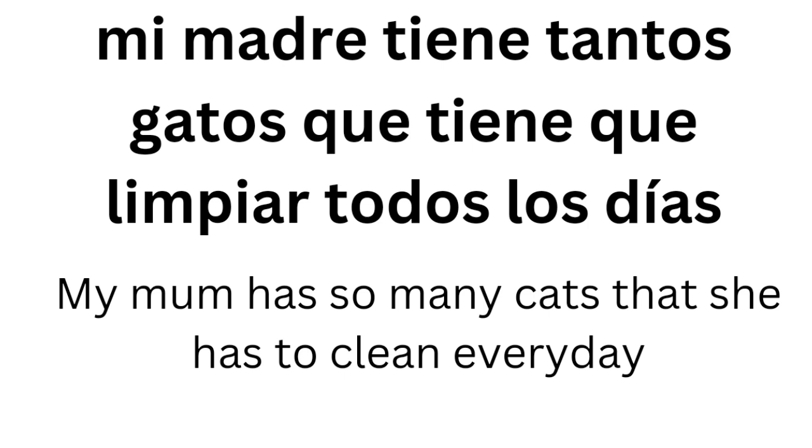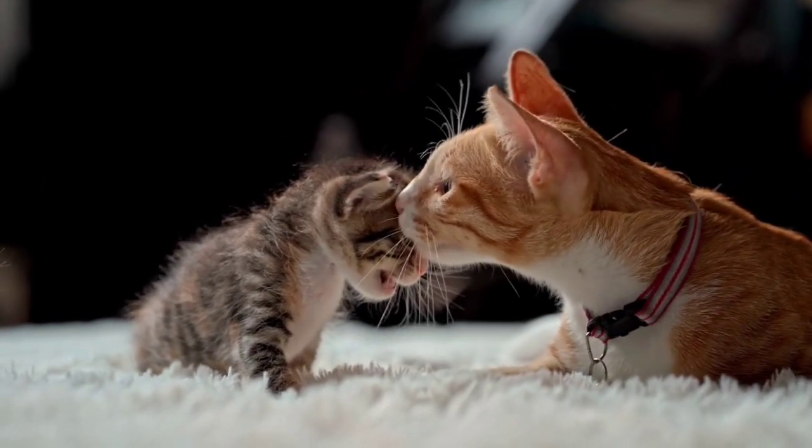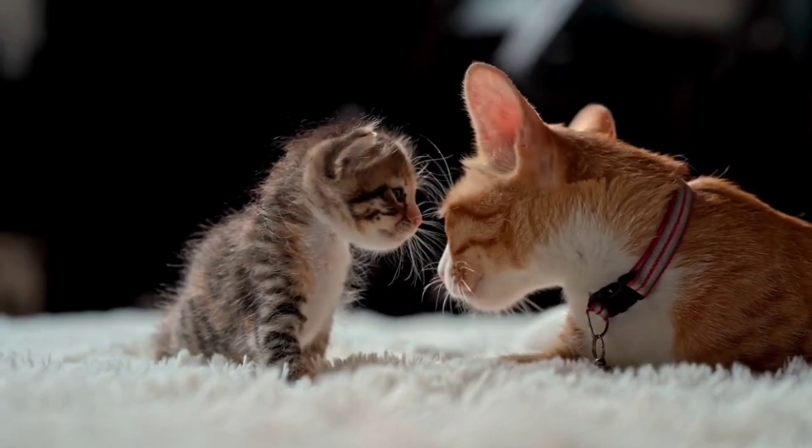So my mum has so many cats that she has to clean every day. So again, if we break this down, we're talking about cats or gatos. So we have to say tantos instead of tanto, since what we're talking about is plural.